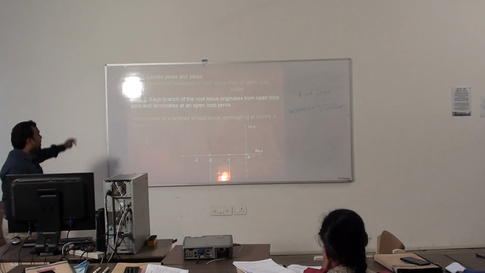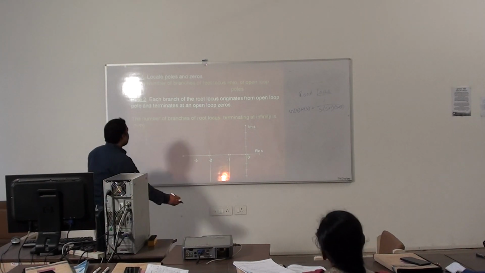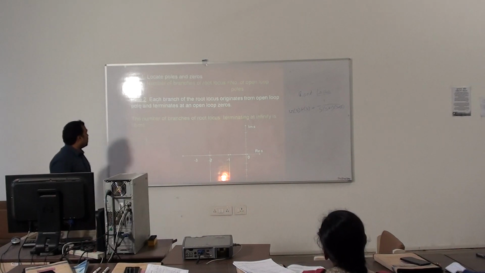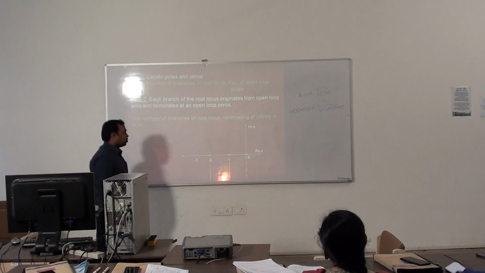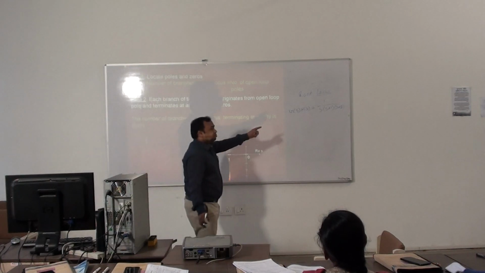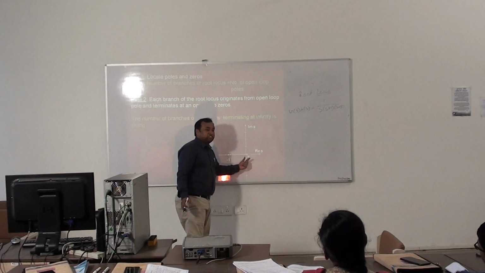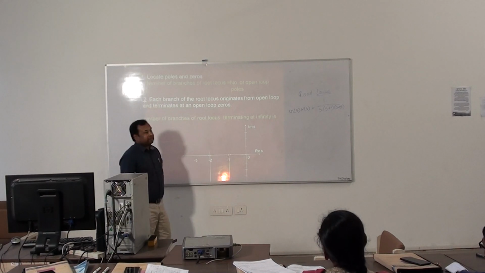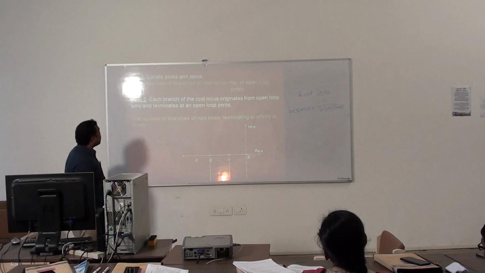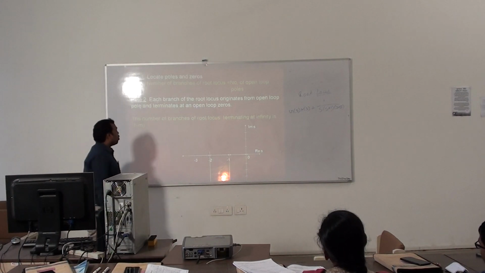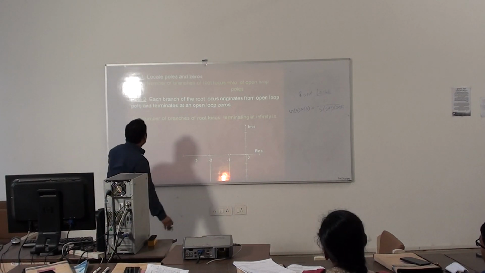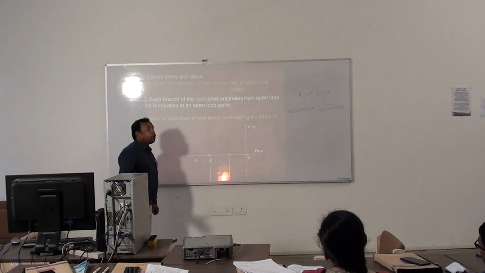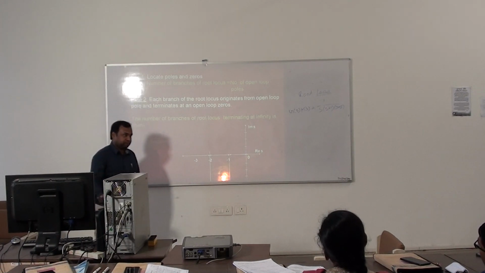So see, there are some rules to find the root locus for a given transfer function. Rule 1: locate poles and zeros. Here in this system there are no zeros, only poles. So we have located the 3 poles. Second, each branch of the root locus originates from the open loop poles and terminates at the open loop zeros.